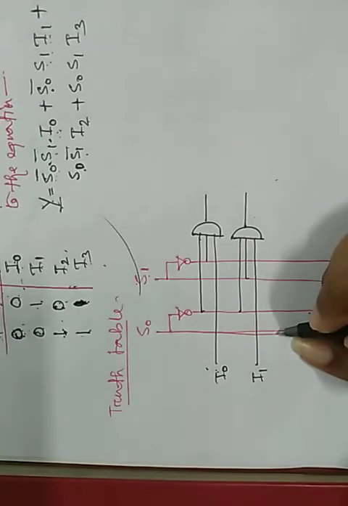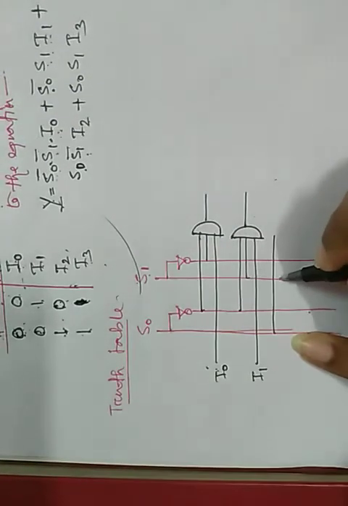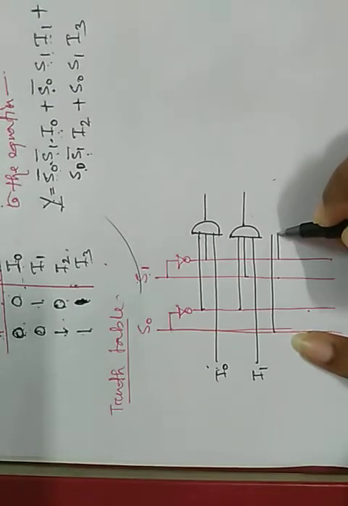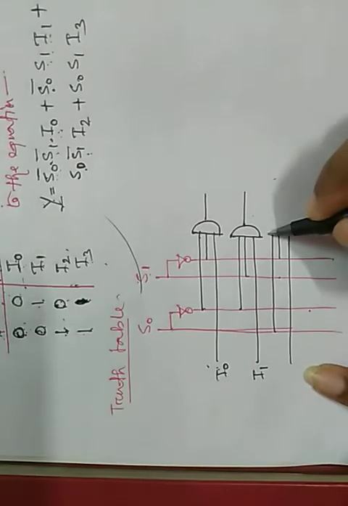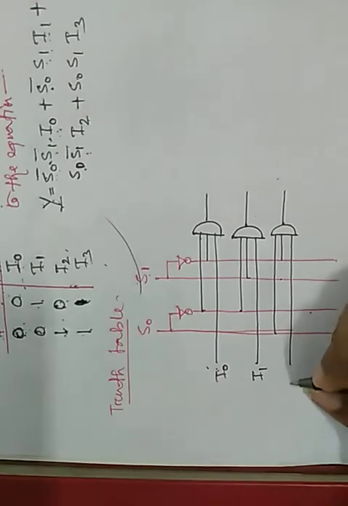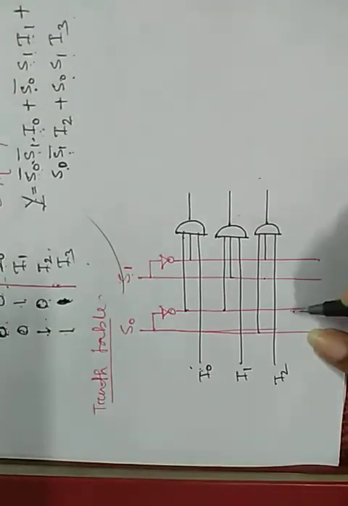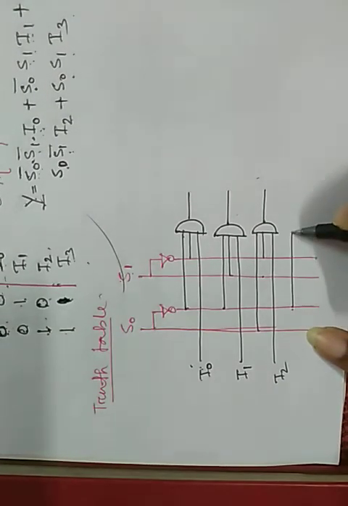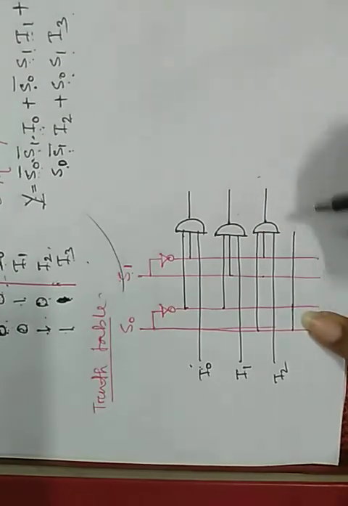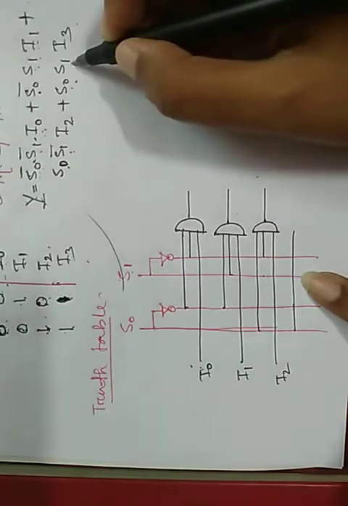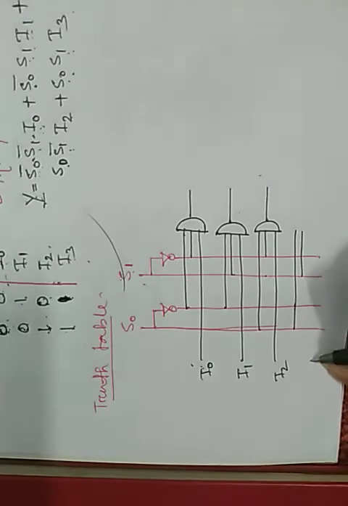S0 means the S0 direct line, S1 bar, I2. This is S0 S1 I3. S0 direct, S1 also direct line, not the complemented value, and I3.